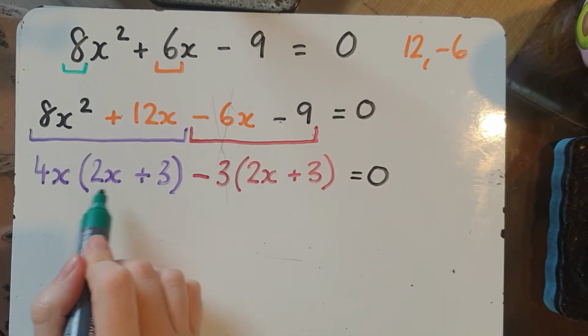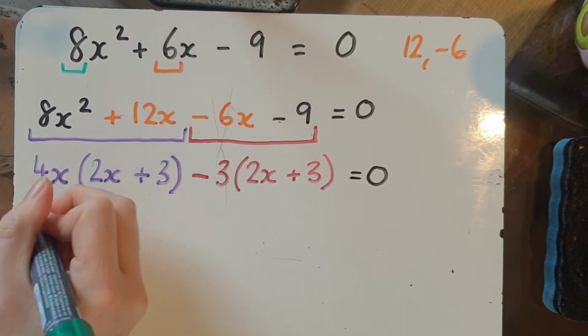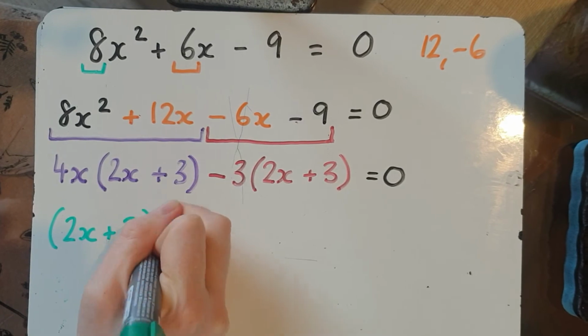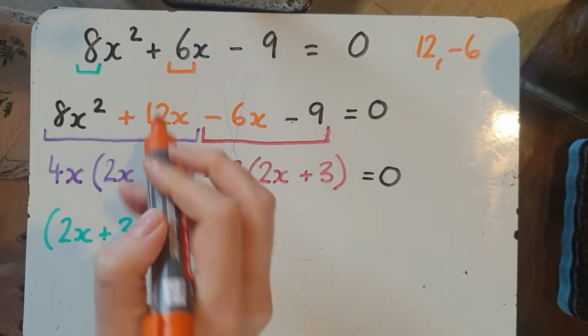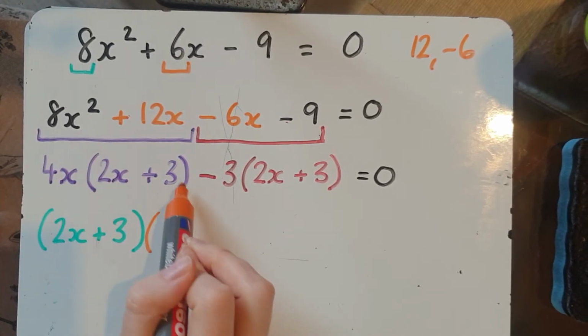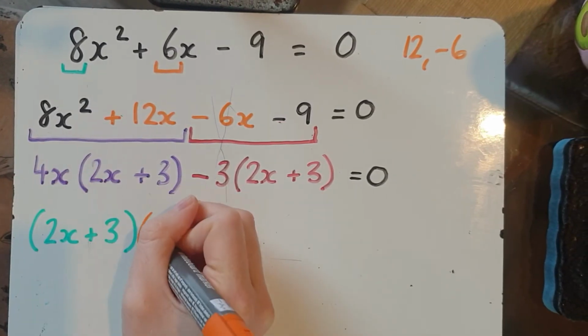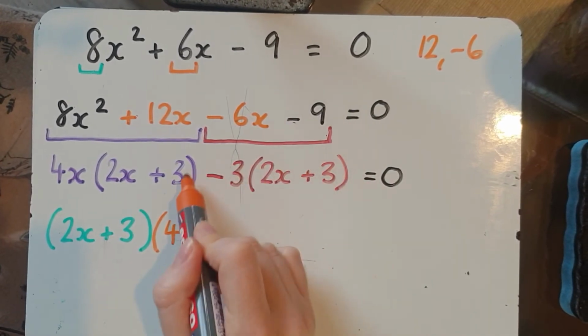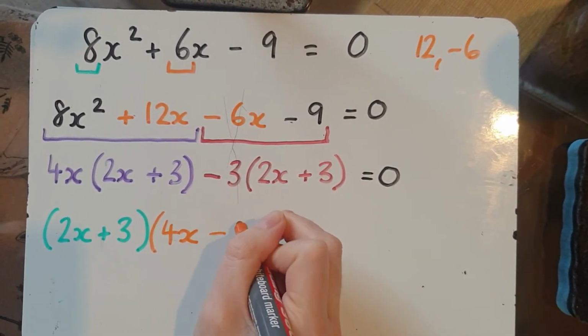Because if these two brackets match, I can factorise that bracket out. Taking 2x plus 3 out of this term leaves me with just the 4x. Taking 2x plus 3 out of this term leaves me with just the negative 3.